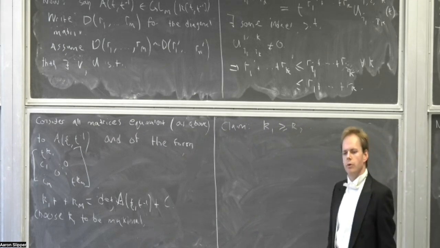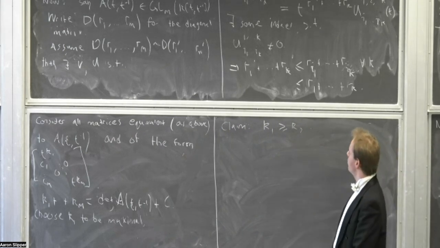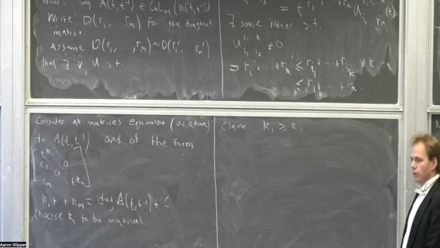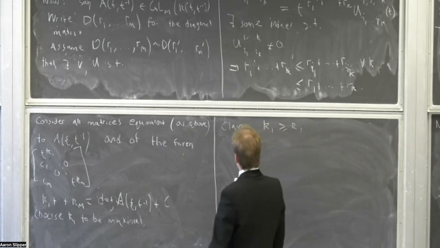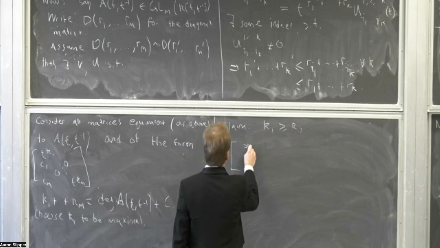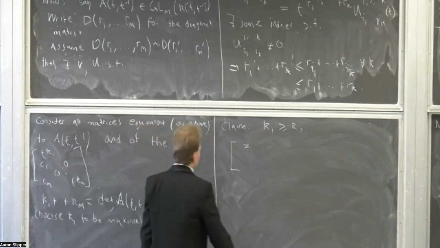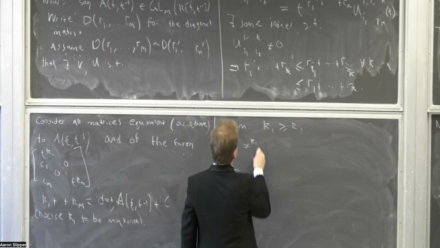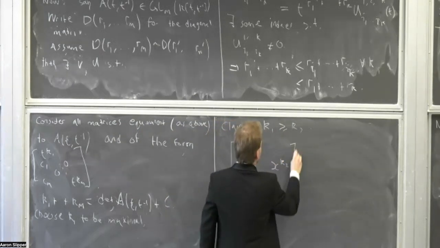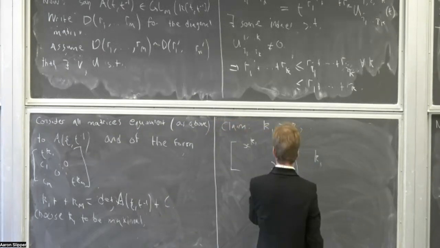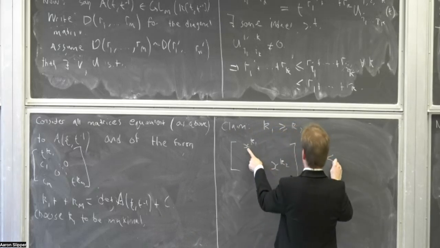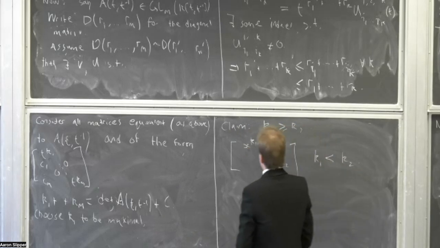If K2 were bigger than K1, it would not be maximal. So say we had some matrix, and we're just going to look at the upper right-hand corner here, x^k1, x^k2, where in this case k1 is less than k2, so it's not bigger.